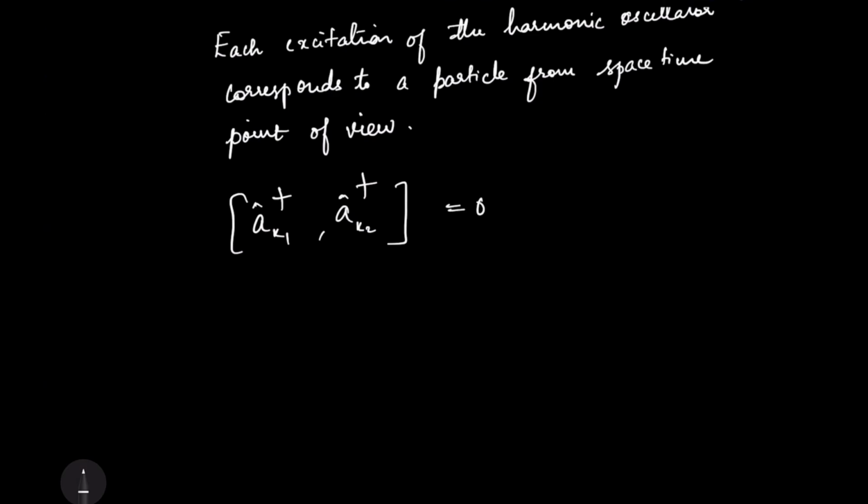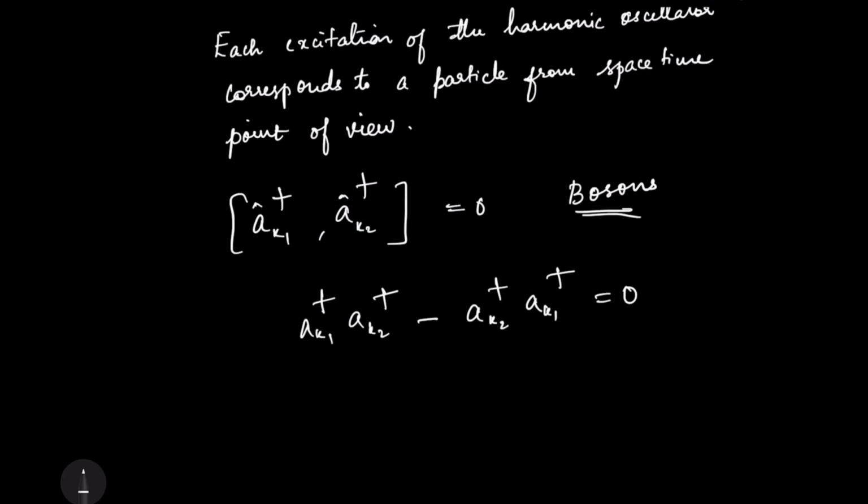This commutator shows that there is a symmetry in permuting all these different particles in any general state, which means a_K1 dagger a_K2 dagger minus a_K2 dagger a_K1 dagger is equal to 0, so a_K1 dagger a_K2 dagger equals a_K2 dagger a_K1 dagger. This tells us that these particles are bosons.